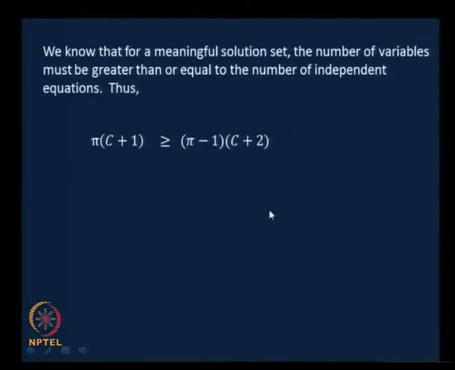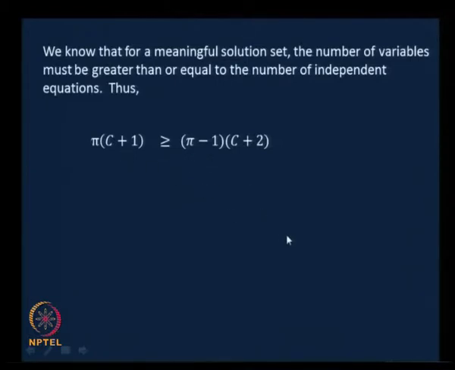realistic or meaningful solutions. If the number of variables is less than that, it is not something that we would prefer. Therefore, this is the condition that we looked at: the number of variables, pi into C plus 1, in the system we are considering must be greater than or equal to pi minus 1 into C plus 2, which is the number of independent equations between them.